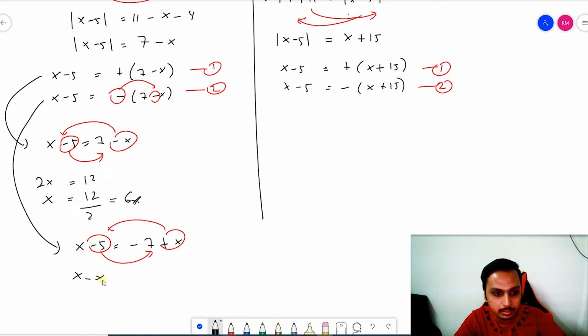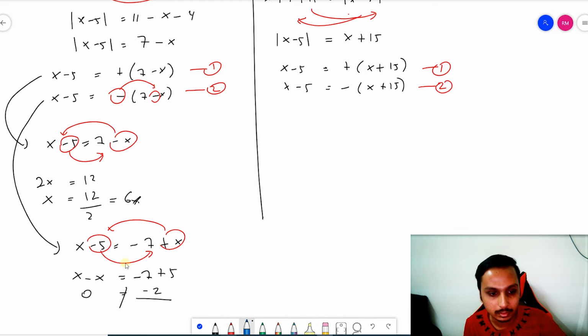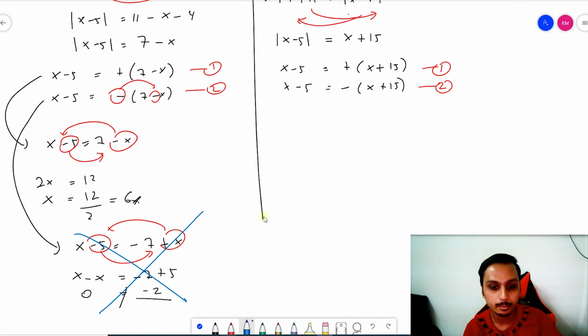So x minus x equals to negative 7. Since it's negative 5, when I move it to the right, it's going to be positive 5. x minus x is equals to 0. So 0 equals to something, the answer being negative 7 plus 5, which is negative 2, correct? Negative 2 is not equals to 0. So this specific equation, we can neglect it, no issues there. So the answer for the first component is positive 6.